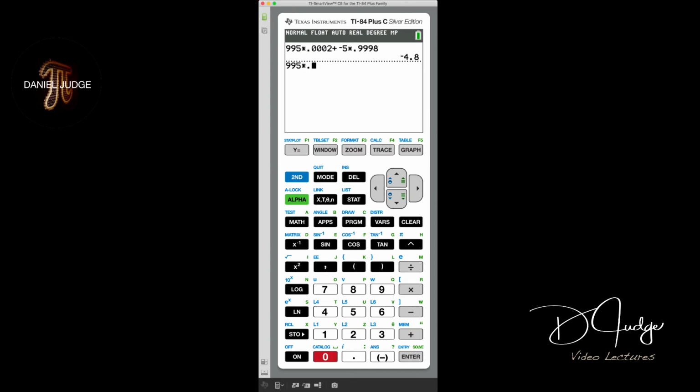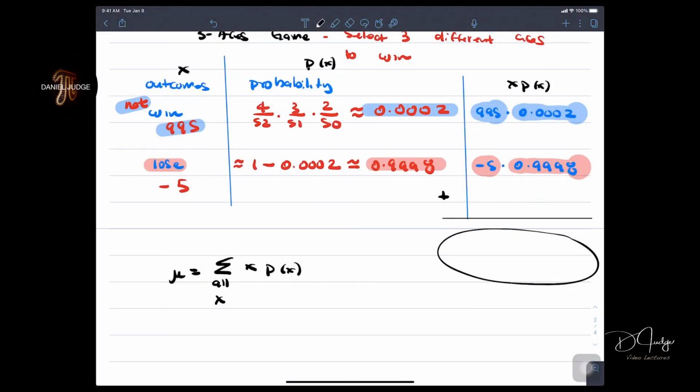So I could say 995 times 0.0002 minus 5 times 0.9998. So notice the keys here. You got subtraction in the second computation. You got the negative sign in the first. So be careful here. Don't mistake subtraction with that negative sign in the calculator. So the expected value is a negative 4.8.